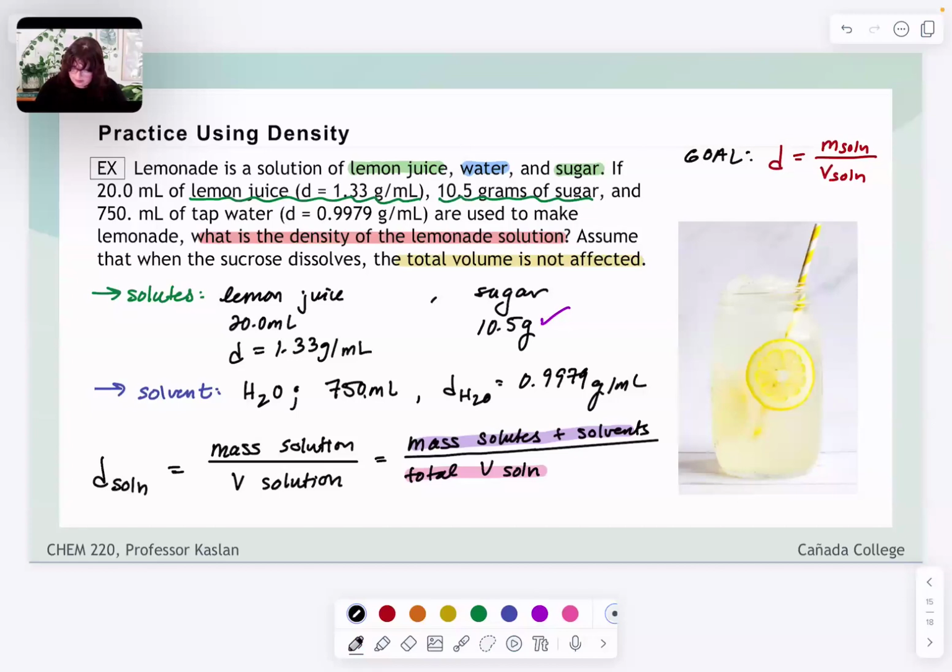Now, looking at the information of my lemon juice, I was not given, like I was with sugar, a total mass. Rather, what I was given was a volume of lemon juice and the density of lemon juice, which relates mass and volume. So I'm going to have to convert this volume of lemon juice, this 20 milliliters, into a mass using my density.